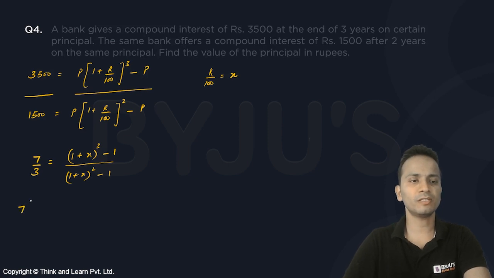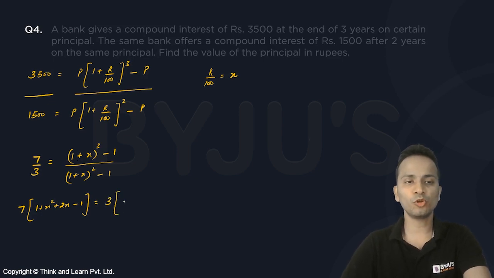So 7 bracket 1 plus x whole square will be 1 plus x square plus 2x minus 1. Okay. And that is equal to 3 times 1 plus x whole cube. So it will be a cube plus b cube, that is 1 plus x cube plus 3x square plus 3x and then minus 1.